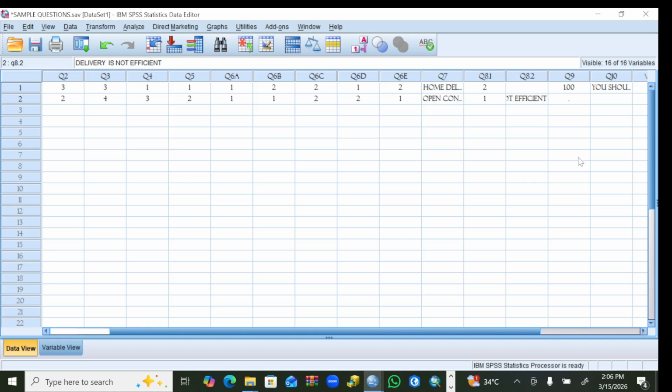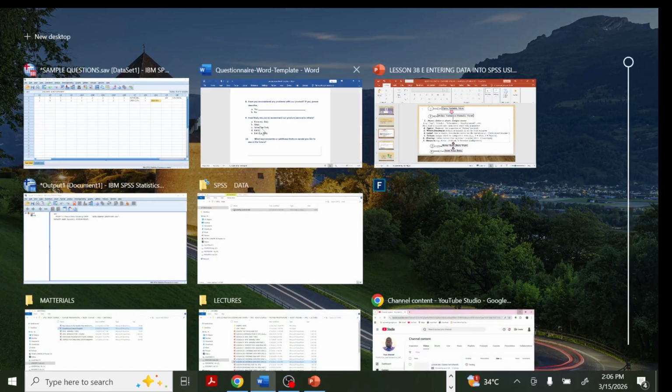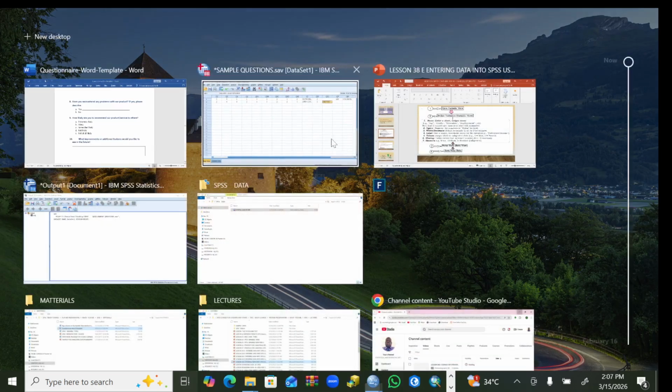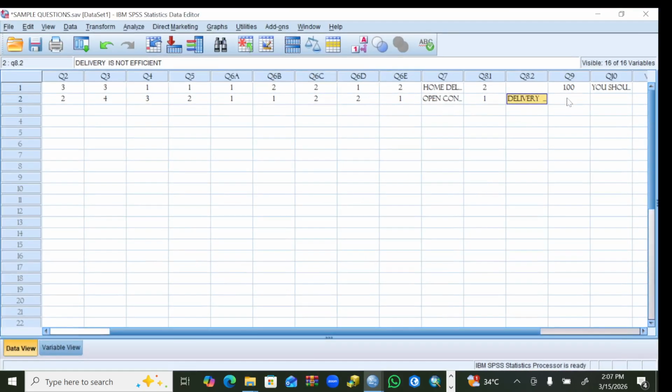How likely are you to recommend our product? Question number 9. So let me give him number 3, which is somewhat likely. Somewhat likely. Number 3. And then question number 10, what improvement or additional feature would you like to see in this one?